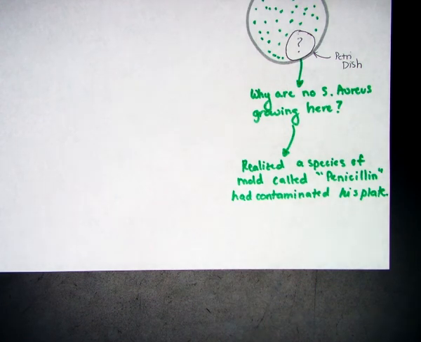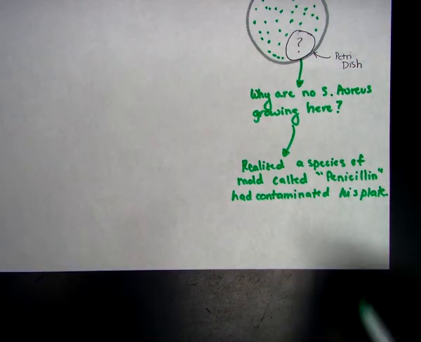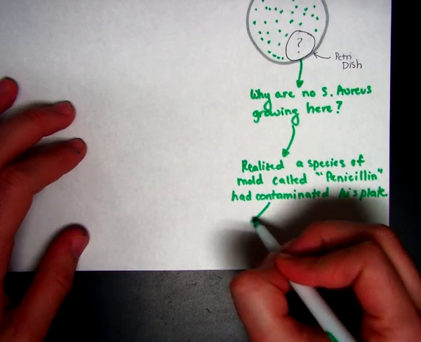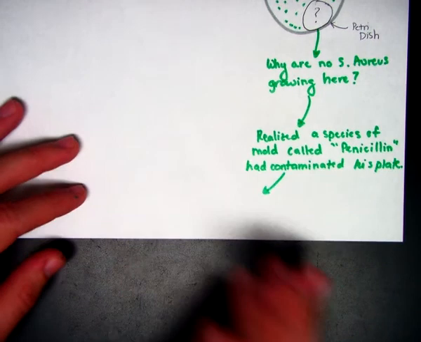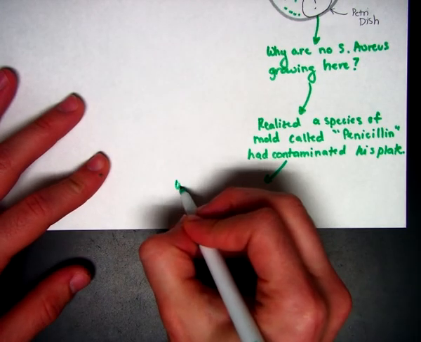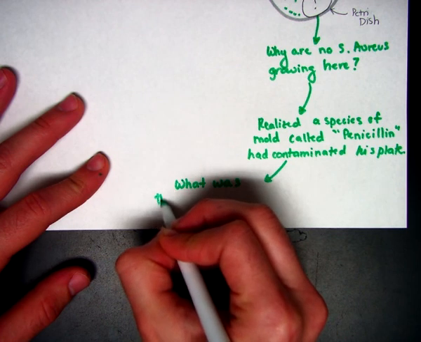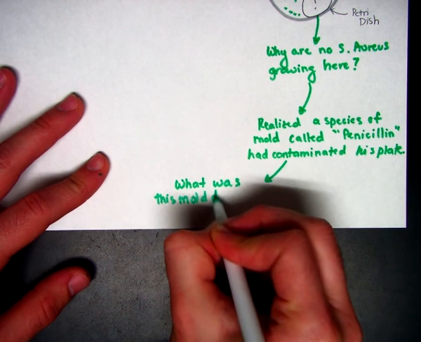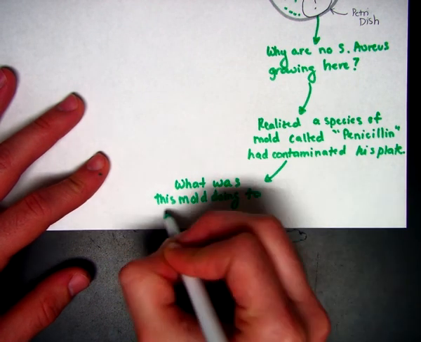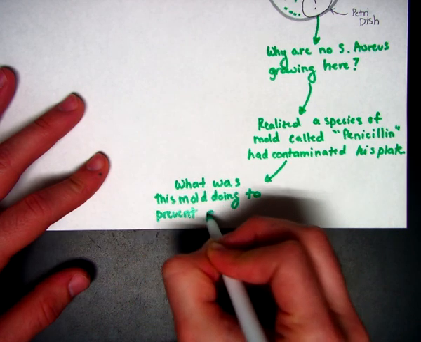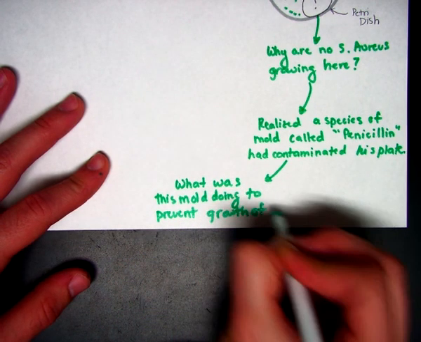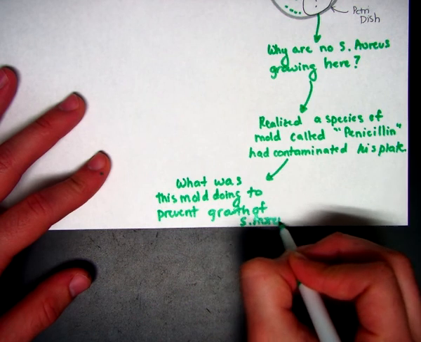Okay, so he realizes that it's penicillin. He realizes that there's no bacteria growing. And so the question was, what was this mold doing to prevent growth of Staphylococcus aureus?